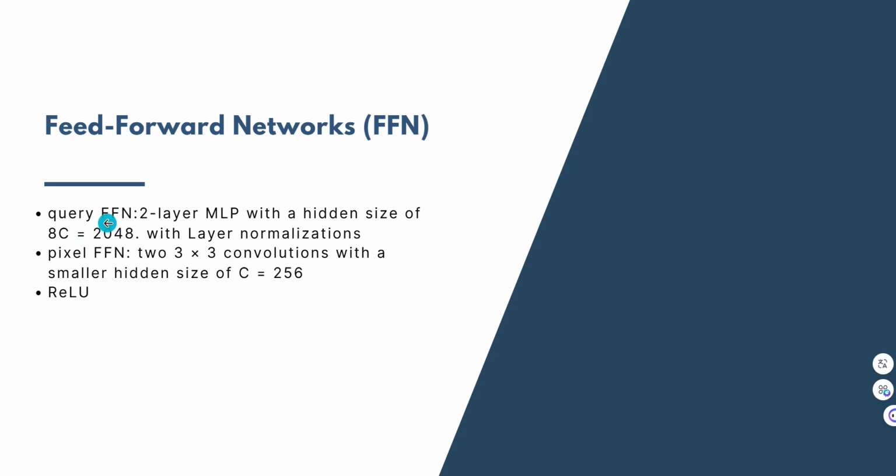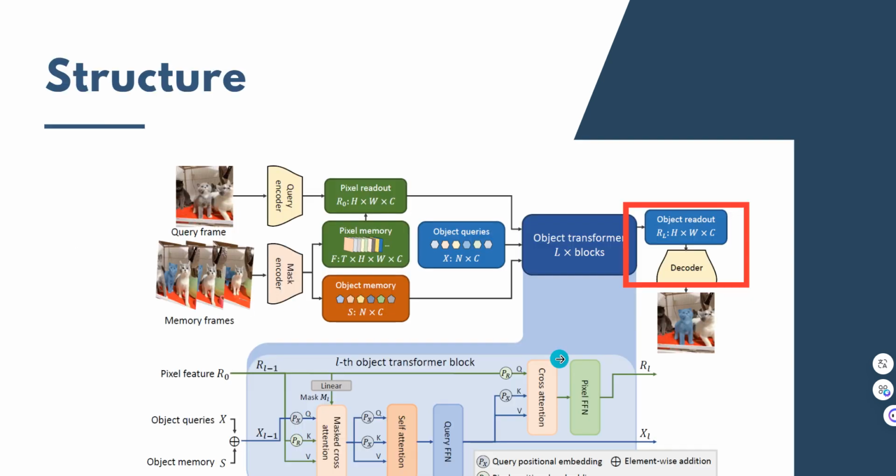The query FFN also has a layer normalization, and both of them use the ReLU activation function. As mentioned previously, after the pixel FFN and the query FFN, we obtain RL and XL, which are input again to the same structure as before.